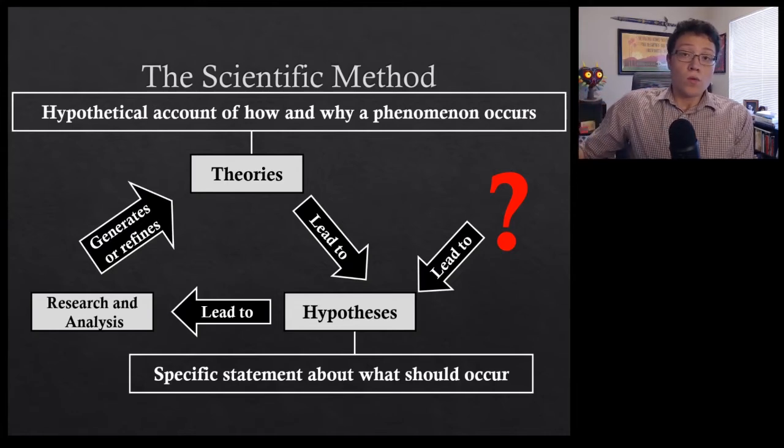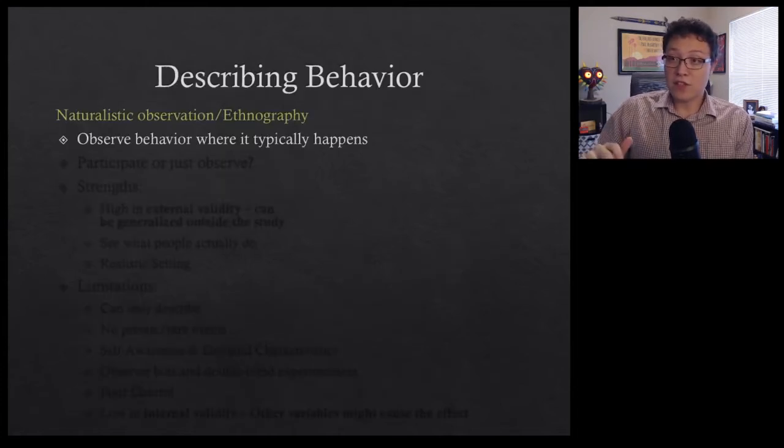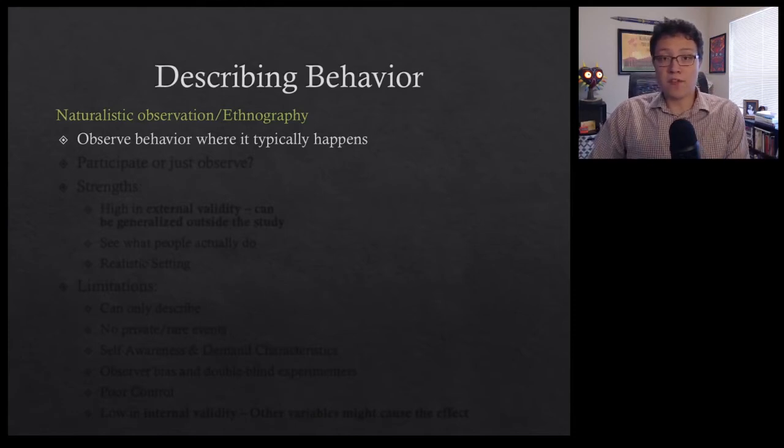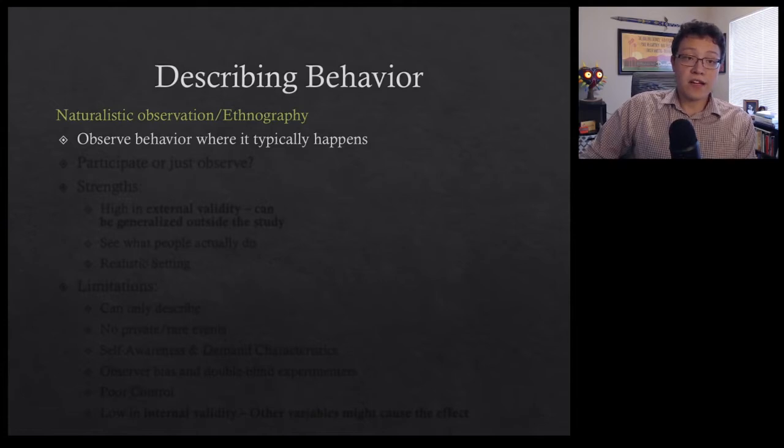So, some of the ways that we can actually engage in the scientific method as social psychologists, the first one we would just say is describing behavior. This would be a naturalistic observation or an ethnography study. These are studies where you observe behavior where it typically happens.